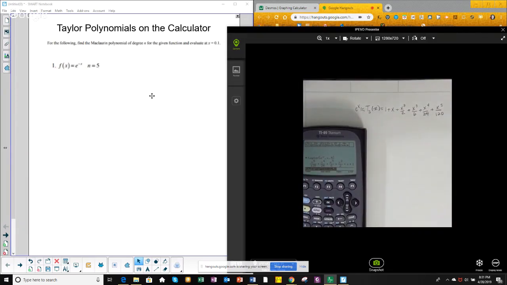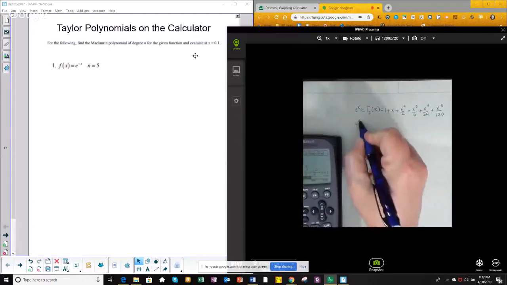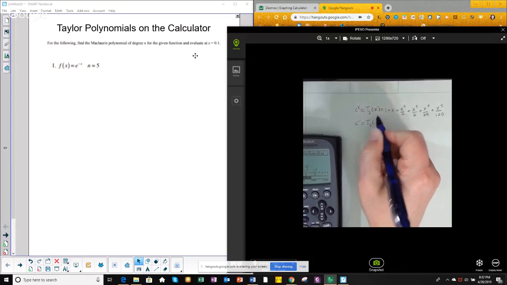Now, let's evaluate the Taylor polynomial at 0.1 as an estimation for e to the 0.1. So here we go. We're going to say e to the 0.1 is approximately the Taylor polynomial evaluated at 0.1.